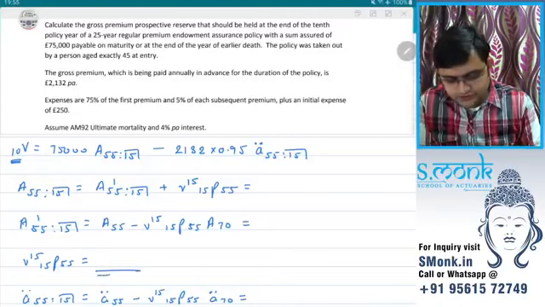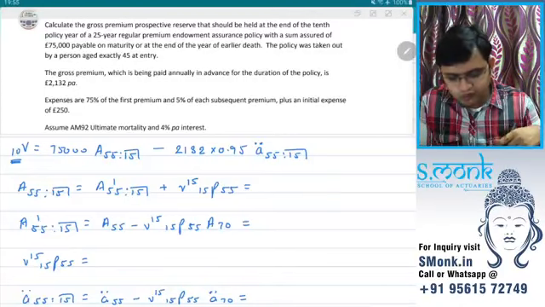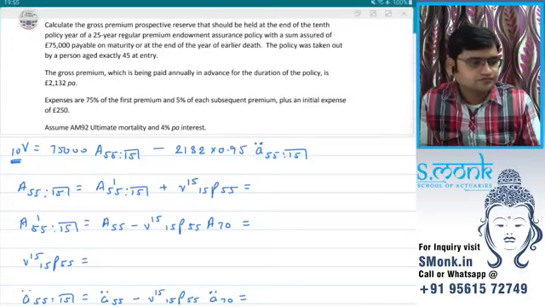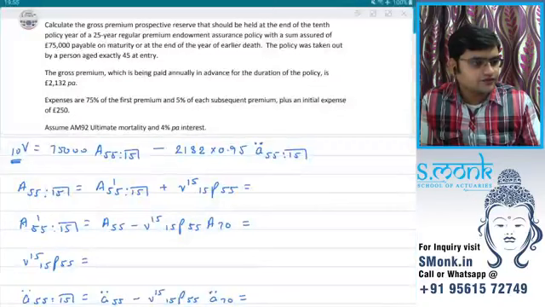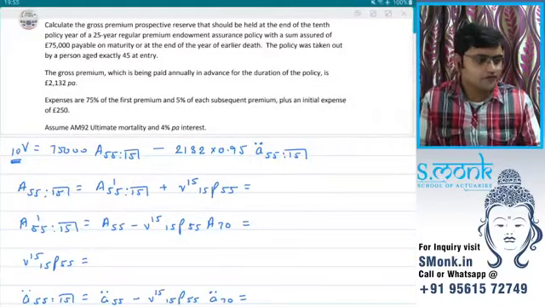So what's the value of this? v^15 15p55.